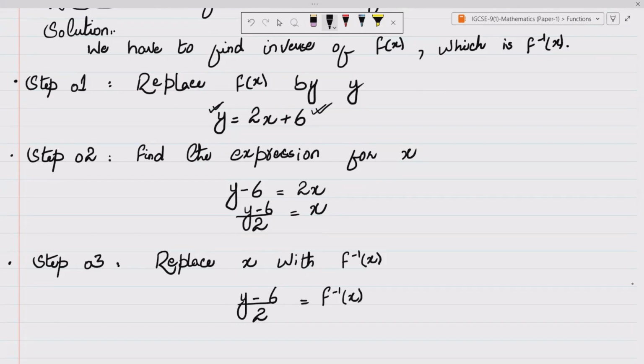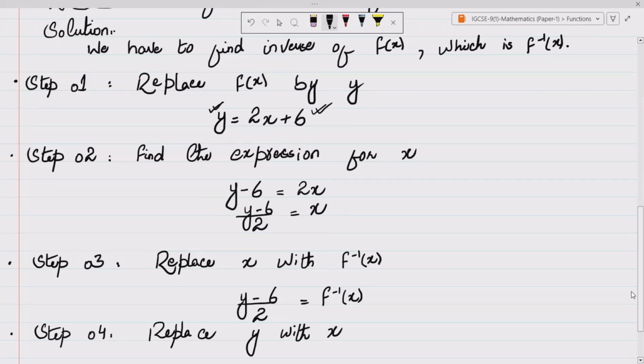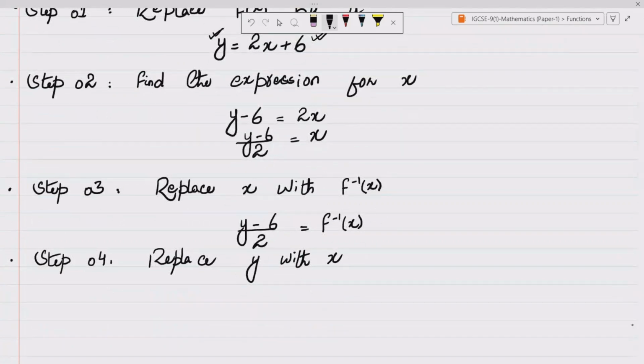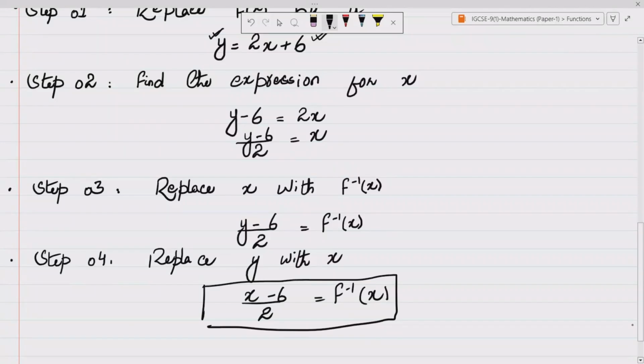And step 4 is replace y with x. So actually it's just the replacement of the variable. So it becomes x minus 6 over 2 is equal to f inverse x, and this becomes the inverse of f of x.